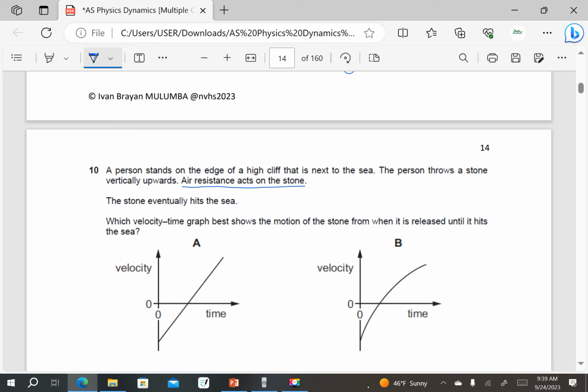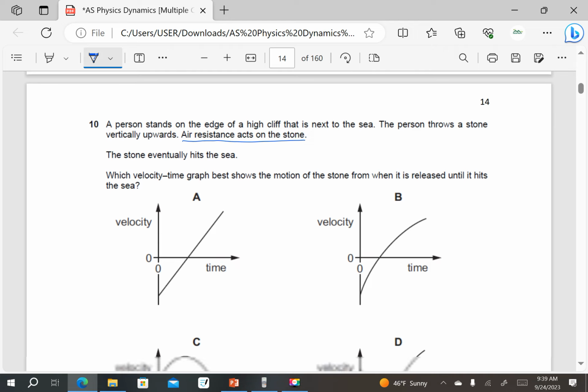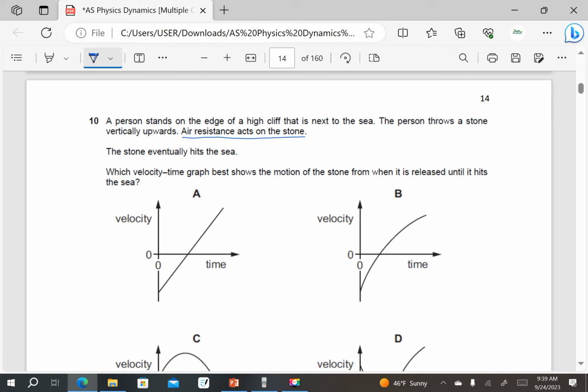Which velocity-time graph best shows the motion of the stone from when it is released until it hits the sea? It should be a graph where the gradient becomes constant, where the gradient tends to 0. So we ignore this one. This one has a constant gradient throughout. It is not factoring in air resistance.